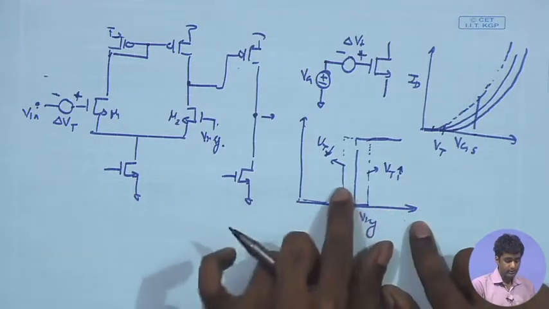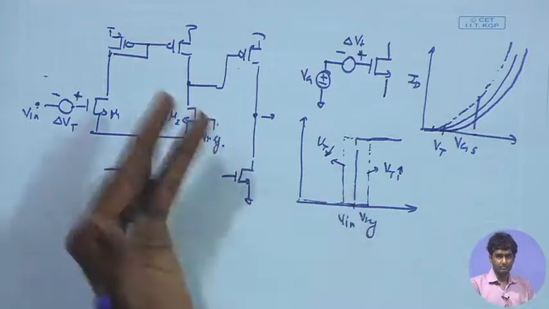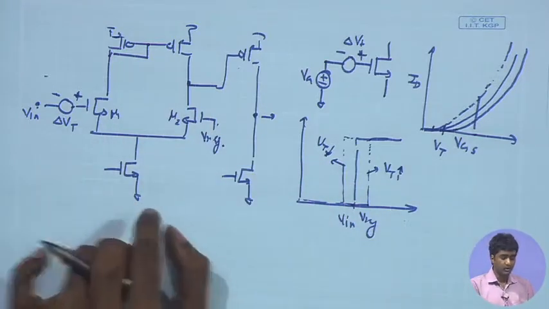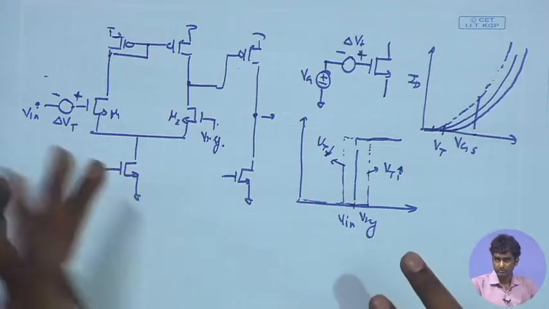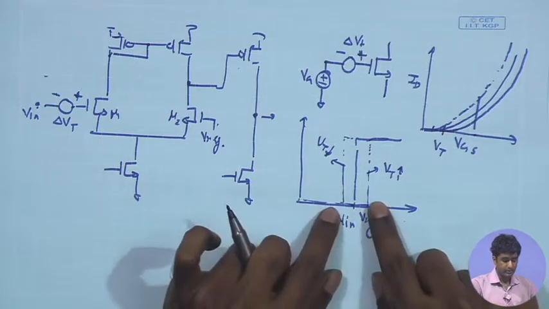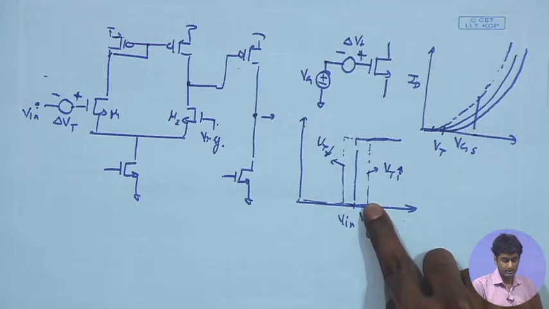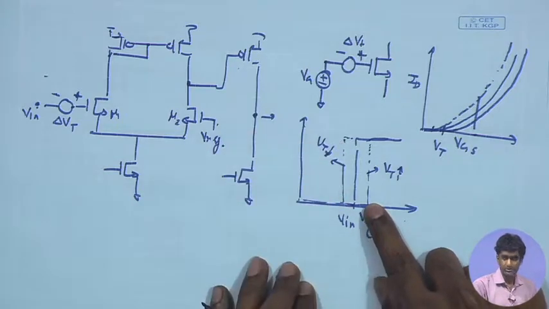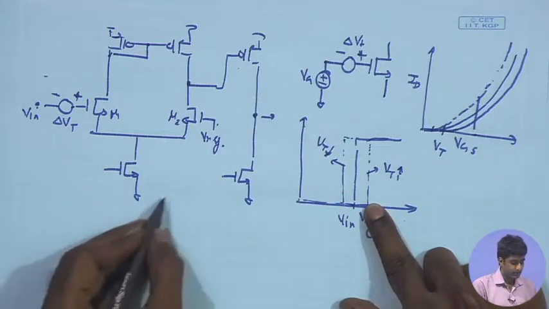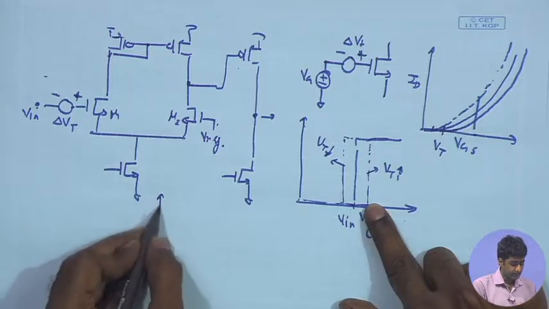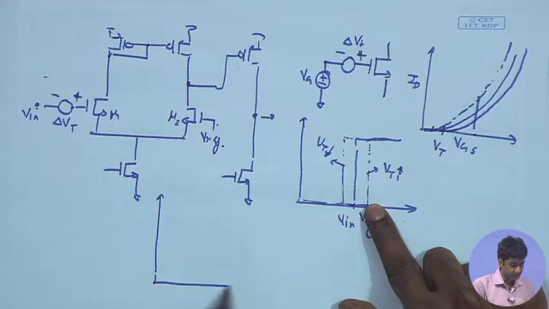And definitely, if your delta Vt becomes comparable or larger than the resolution that you are targeting, say 15 millivolt in our case, that would mean that you can have error in the overall digital value that you are getting. For example, if I expect that the overall ADC transfer characteristics is something like this, you have the analog values along the x axis.